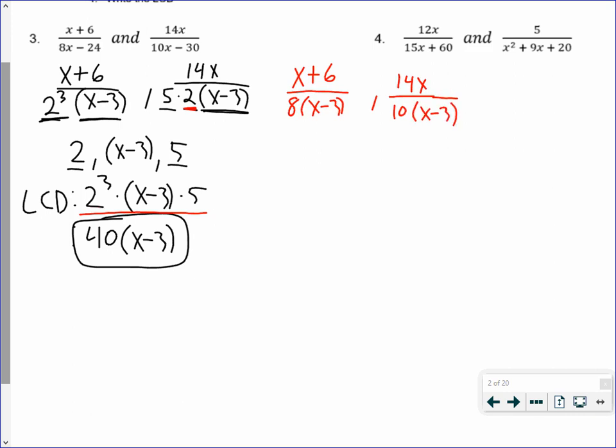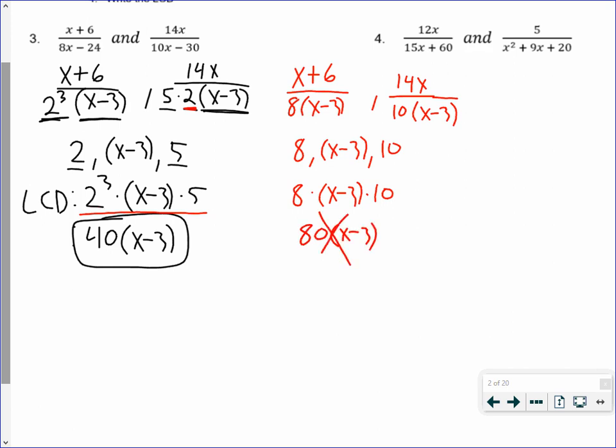Okay? So from here, if I listed out each distinct factor that I see in the denominators, I would have gotten 8, x minus 3, and 10. The highest power of 8, x minus 3, and 10 in any of these denominators is just 1. So I end up getting 8 times x minus 3 times 10, or simply 80 times x minus 3.